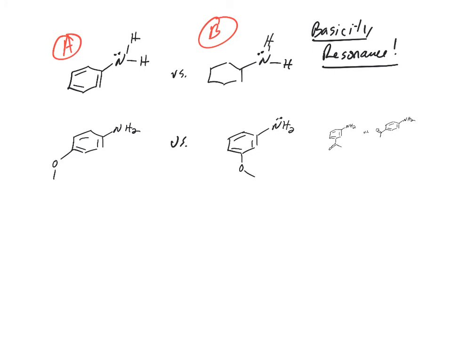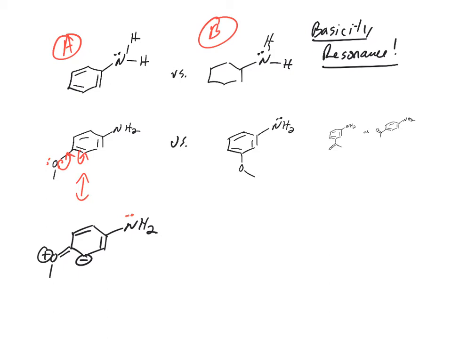So if I bring this into the ring, what kind of resonance structures do I form? Now remember, what we want is for the lone pair on this nitrogen to be more electron rich. That's going to make it more reactive, more basic.